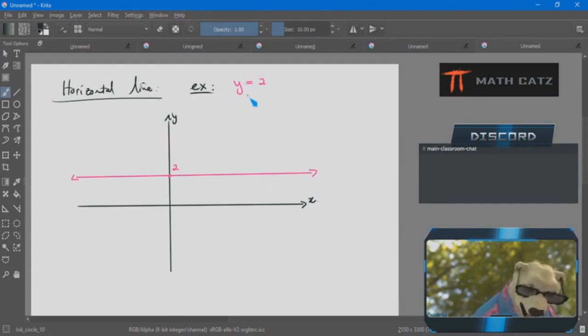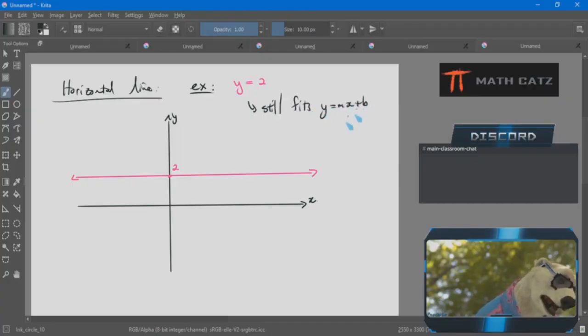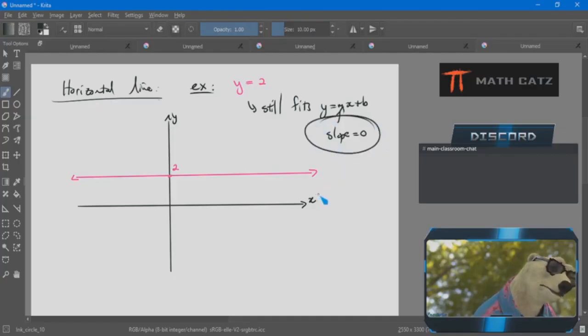Now it looks special, but it still fits the y equals mx plus b form. The slope m is just 0. And the b is, of course, the y-intercept, which is actually all the y values. So a horizontal line corresponds to a straight line with 0 slope.